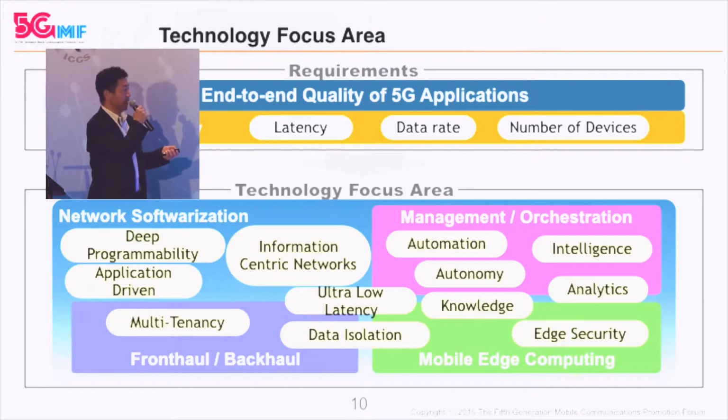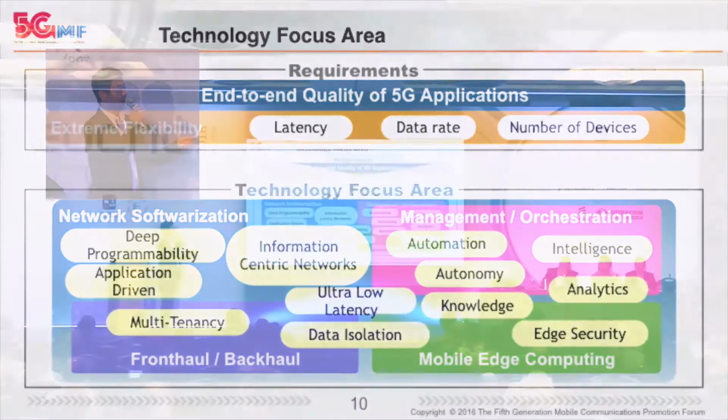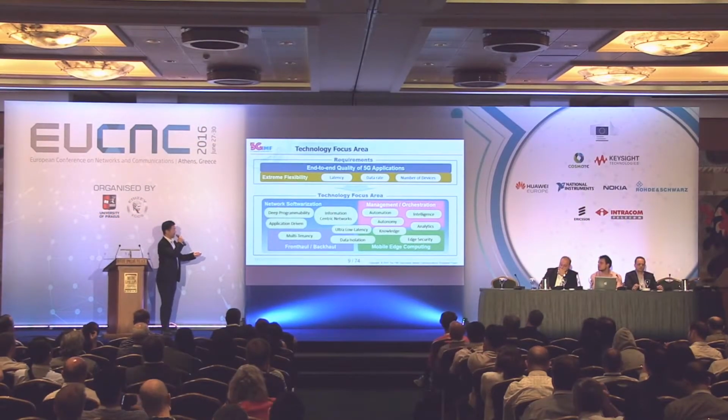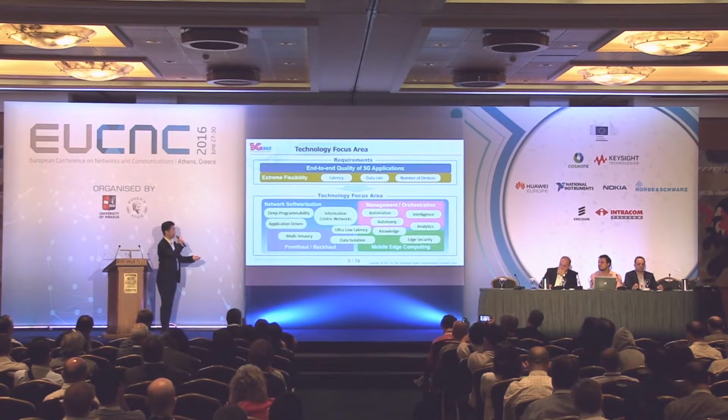And the reason why we said the network slicing that we are attacking is slightly different is deep programmability or application-driven thinking, and information-centric networking and ultra latency. So all these small bullets that we listed here are involved in network softwarization. And all these ideas will support management orchestration, which includes automation, autonomy, and intelligence.